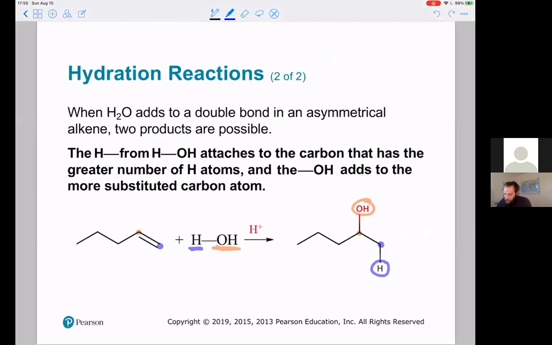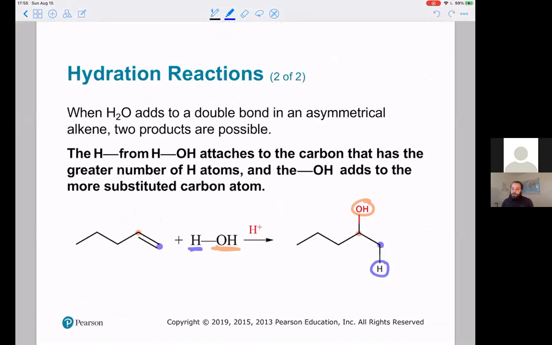Now there is another kind of trickier aspect of this than with the hydrogenation reactions, and that is, where does that OH group go? Right, I put it on carbon 2. So I put it on carbon 2 instead of carbon 1. Why would that be?